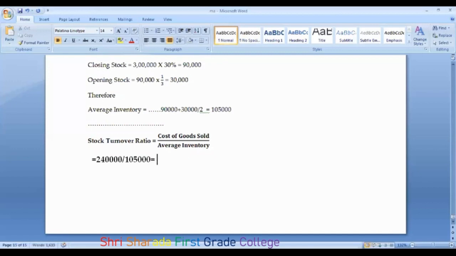So which gives you 2.29, or it can also be written as 2 times. Okay.